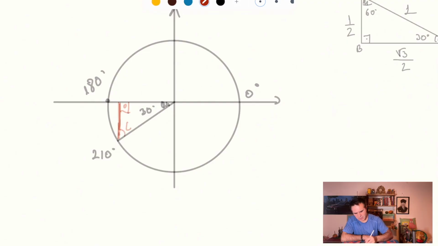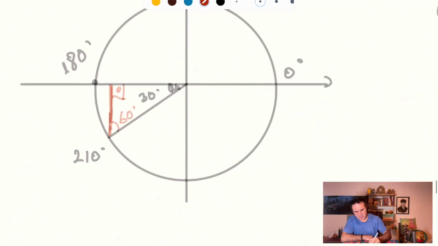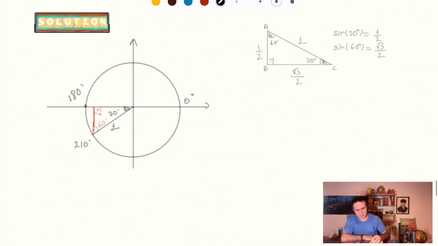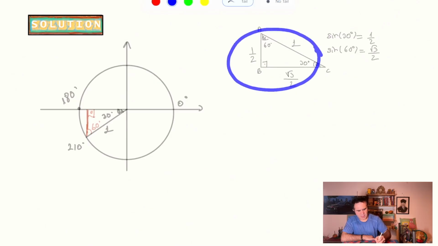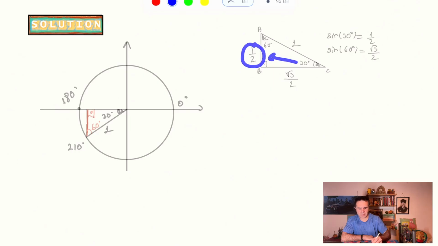Here we have 60 degrees, and since hypotenuse is here 1, and from this triangle the opposite side should be 1 over 2. This means that we have here 1 over 2.